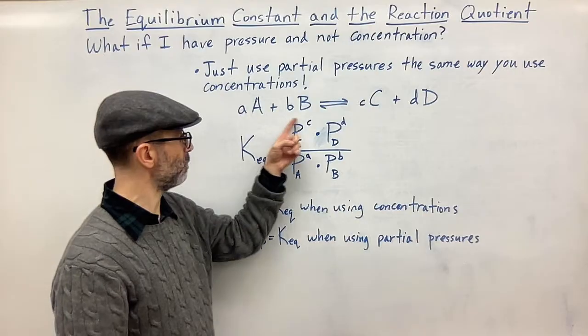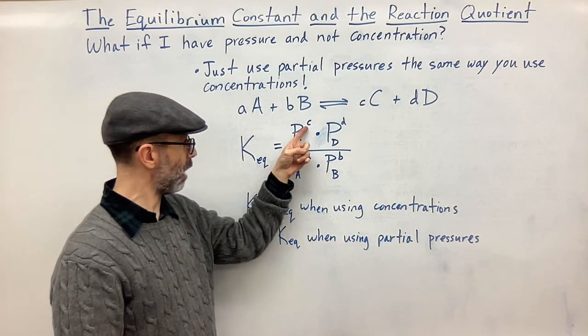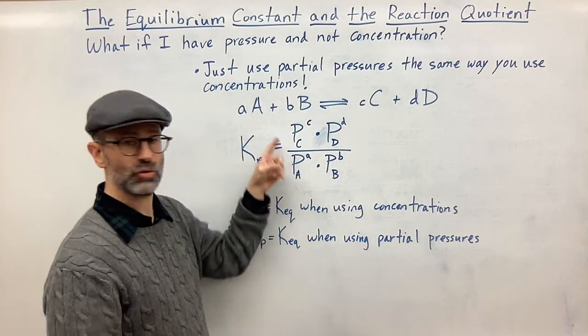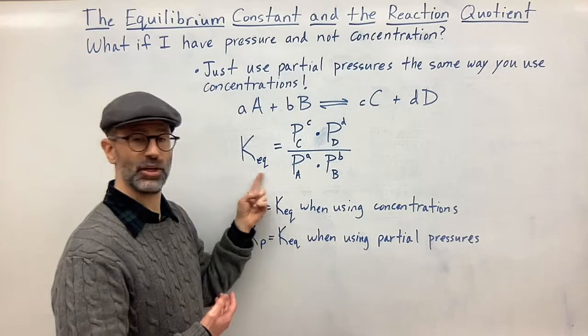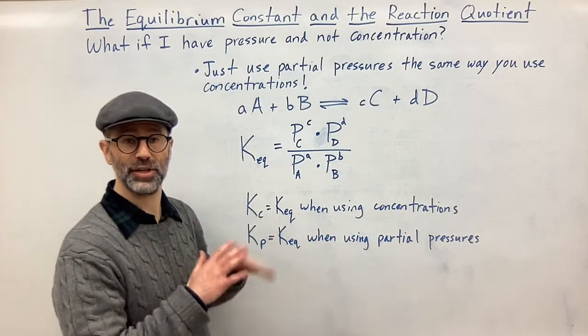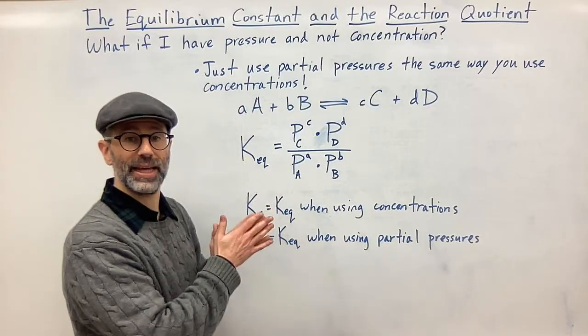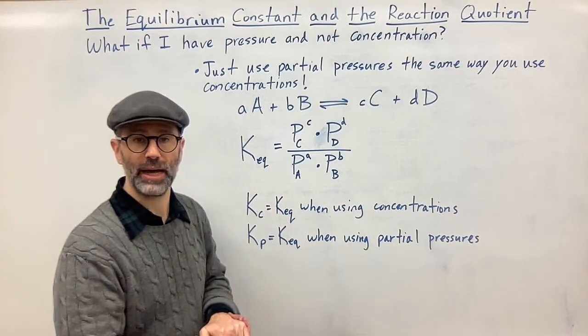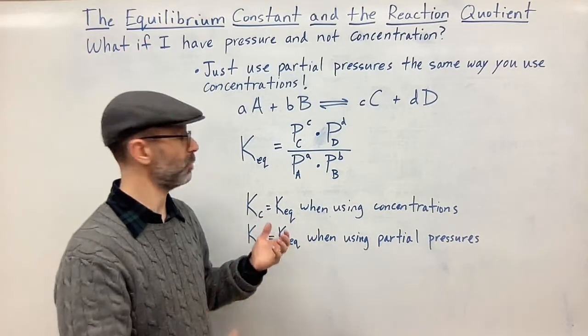So here I would have the pressure of substance C raised to the C power. And again, this would be in atmospheres, but it's going to be unitless. KEQ is unitless because the atmospheres cancel out, because the partial pressures are being related to a standard pressure of 1 atmosphere. So the units cancel out and keep the numbers.